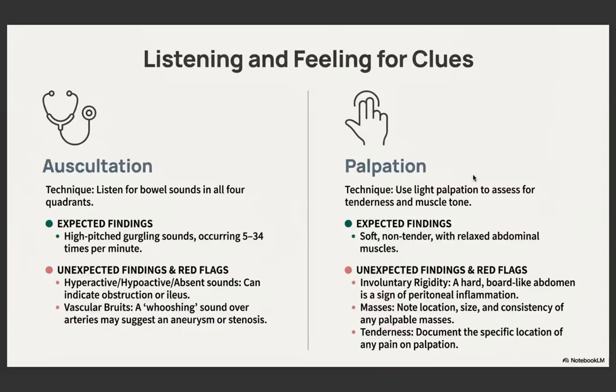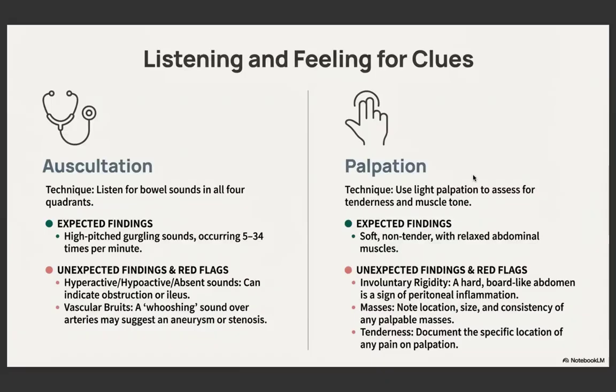And then after we auscultate, we're going to palpate. Obviously you're going to have to put some pressure, but when you're putting pressure, the lower you go, there will be some involuntary guarding that's normal. But if they're not letting you touch it at all because it's just super painful, that's going to be abnormal.